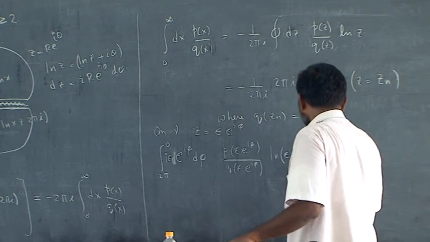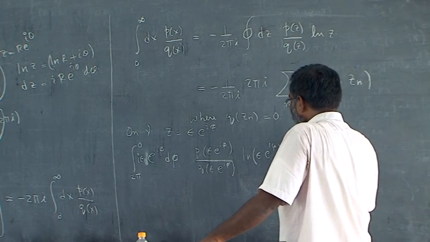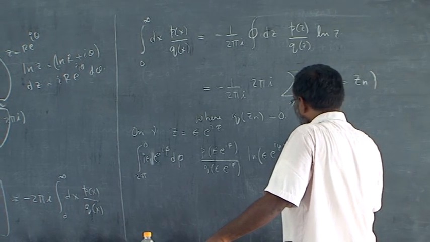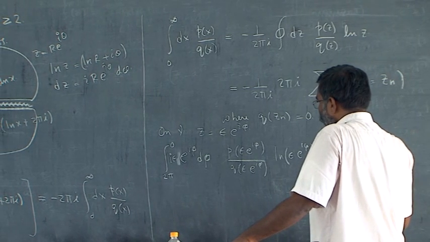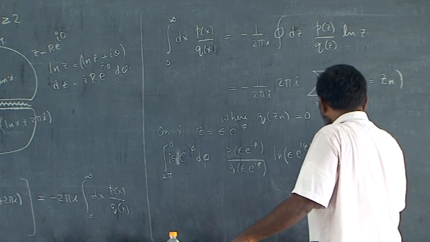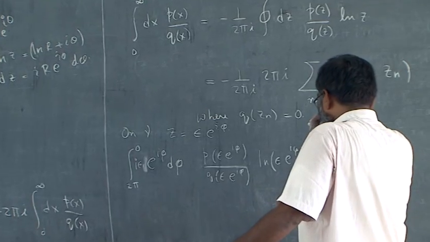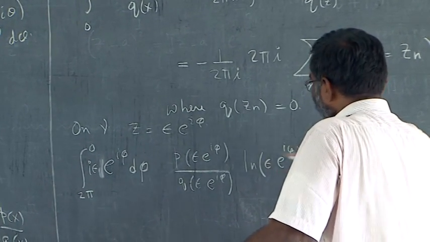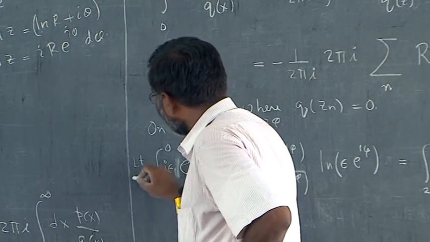So this is equal to... we do not know what this is, as epsilon tends to 0. It will be something like some constant. This I have to evaluate in the limit epsilon tending to 0.